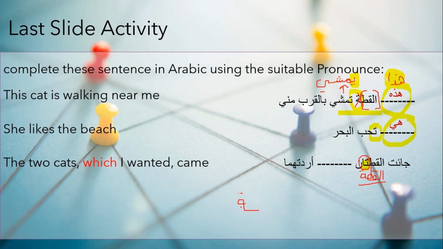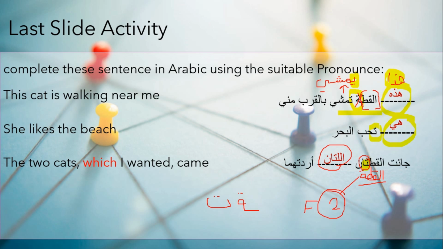Because as we learned before in the alphabets, ta, if it comes at the last letter of the word, it will be ta مربوطة, closed ta, or ta مفتوحة in some cases. So once I saw this القطتان with ta, I would understand that it's a feminine. I will use اللتان, not اللذان.